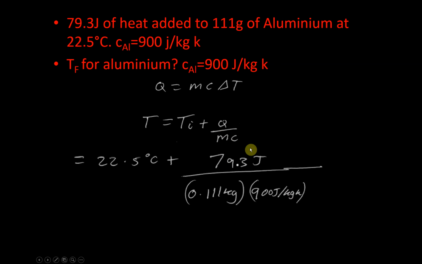Substituting in, we have our 22.5 here, the temperature the metal already was at, plus 79.3 over 0.111, so this is 111 grams now converted to kilograms, times 900 joules per kilogram Kelvin. That will give us 23.3 degrees Celsius.